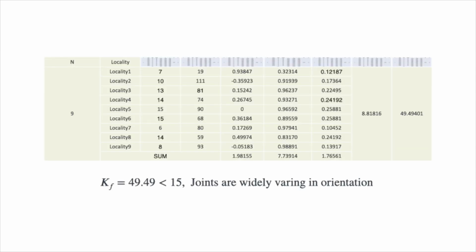We obtained the magnitude R of the resultant vector from the accumulated direction cosines and used it to calculate the mean direction cosines LR, MR, and NR. This provided a comprehensive understanding of the overall directionality of the discontinuity plane.